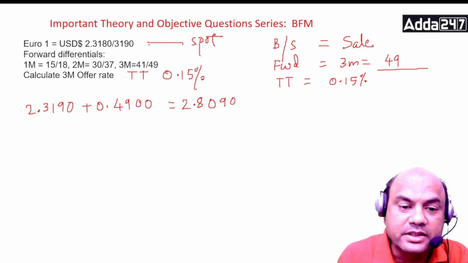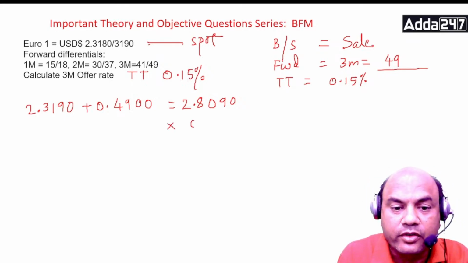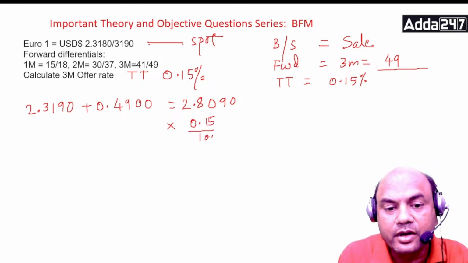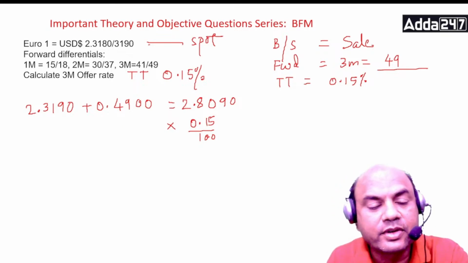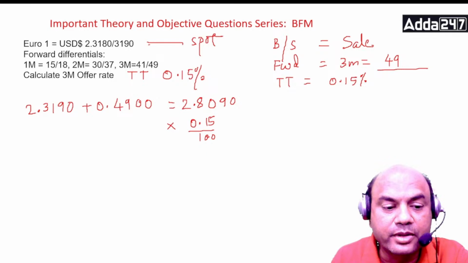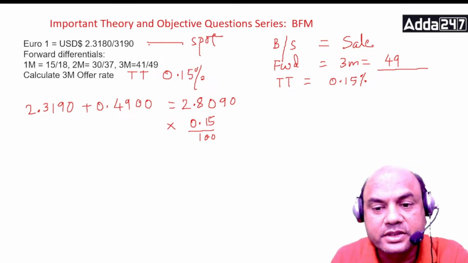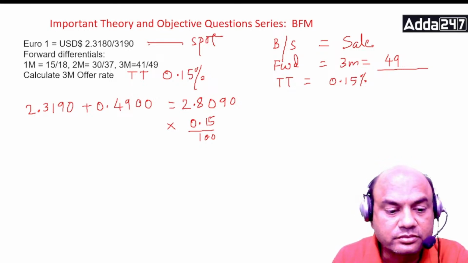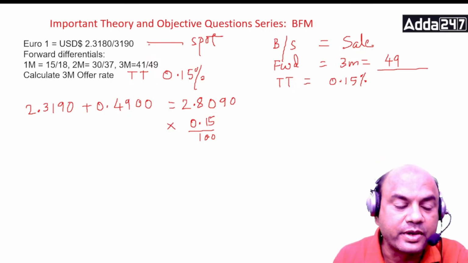Multiply this by 0.15 upon 100, percent it is, right? 15 upon 100. So what is the answer? Check it, everyone. Give me in the comment section. Let me see.